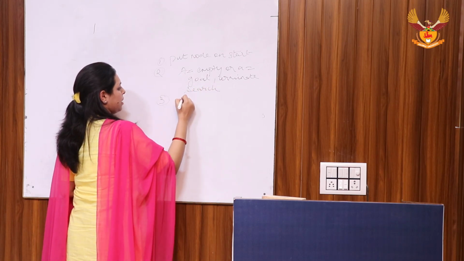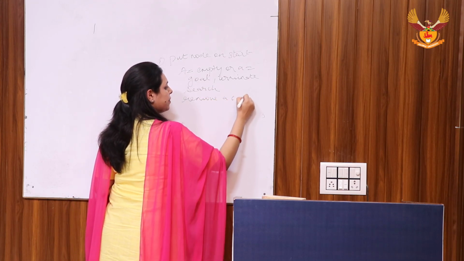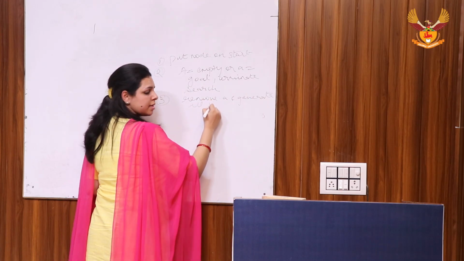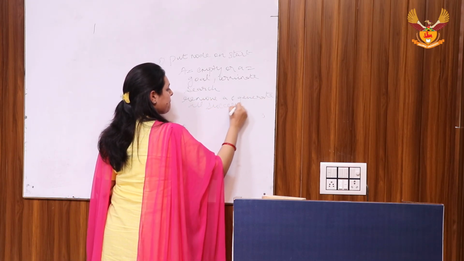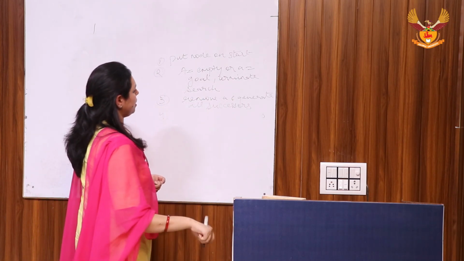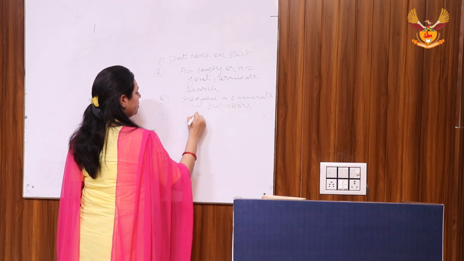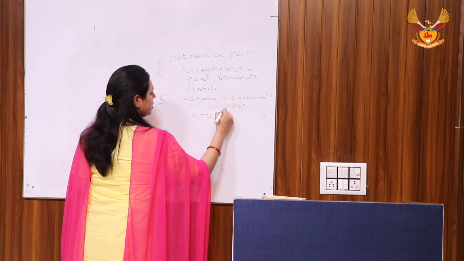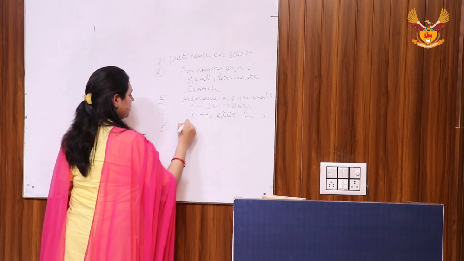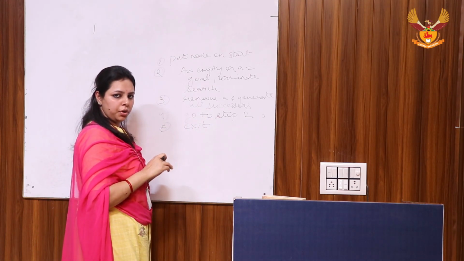Third, remove A and generate all successors. Fourth, go to step 2. Fifth, exit. So these are the steps which are followed for the DFS.